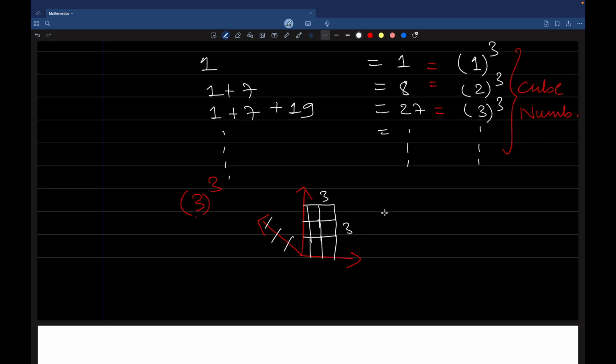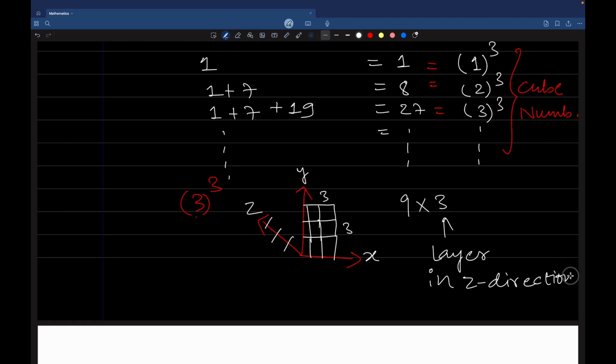We get 3 cross 3, that is 9, and 3 layers in z direction, that is x, y and z. Total, that is 27 equals 3 cube.